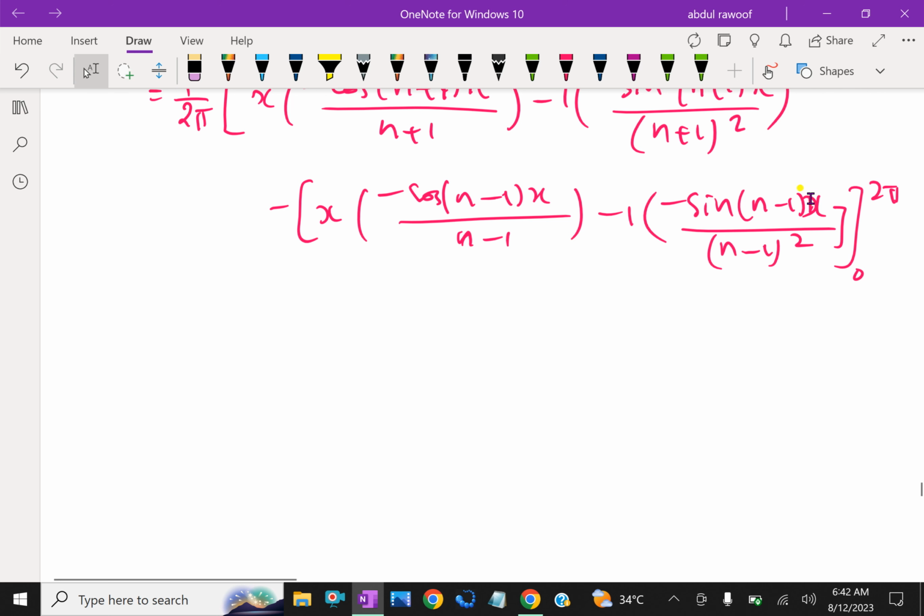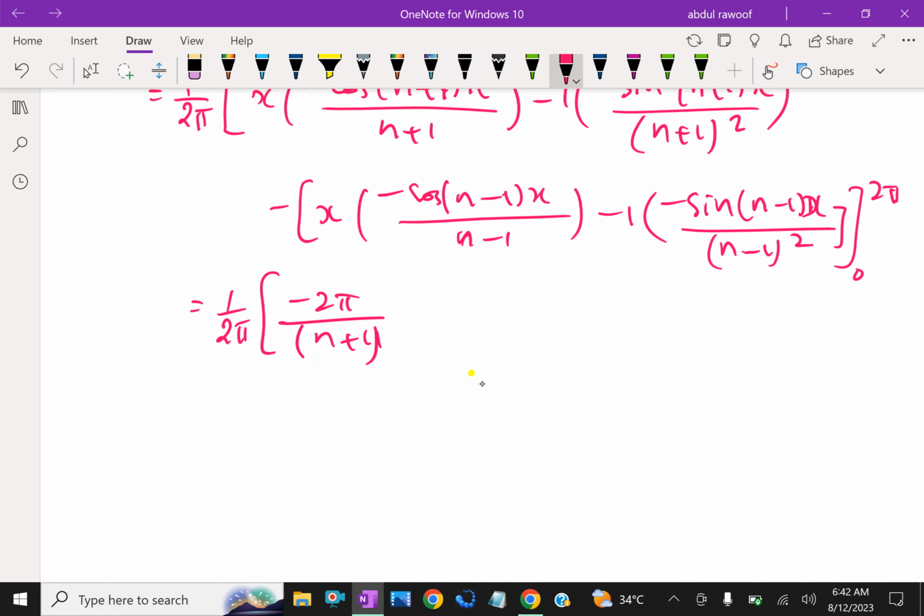After applying 0 to 2 pi and simplifying, we get 1 over 2 pi times minus 2 pi over n plus 1, minus 1 into 0, minus 2 pi over n minus 1, minus 1 into 0.